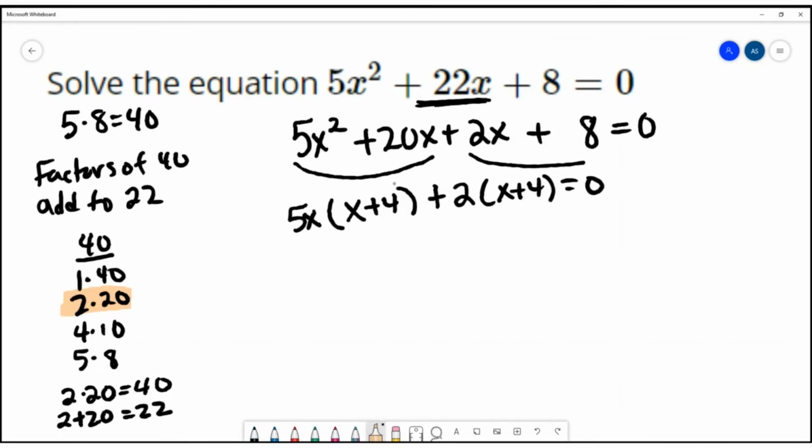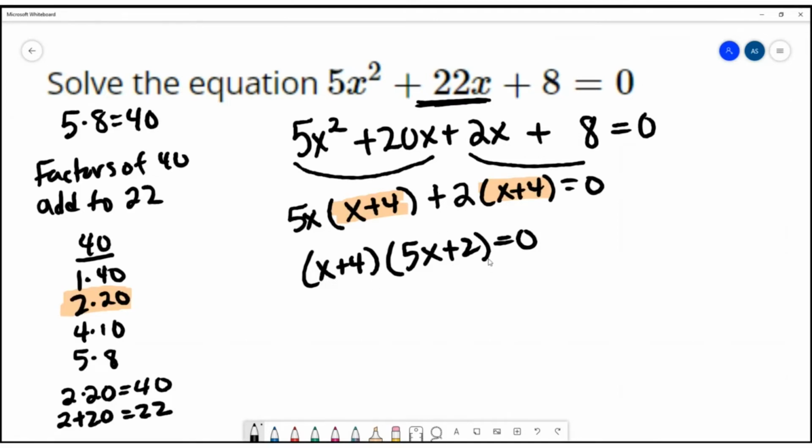And now I only have two terms, and these two terms have a common binomial. I'm going to factor that common binomial x plus 4 out, and I'm left with 5x plus 2. So I was able to factor 5x squared plus 22x plus 8 to be x plus 4 times 5x plus 2.